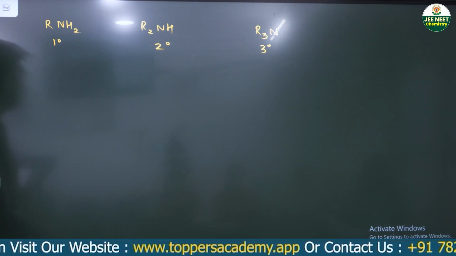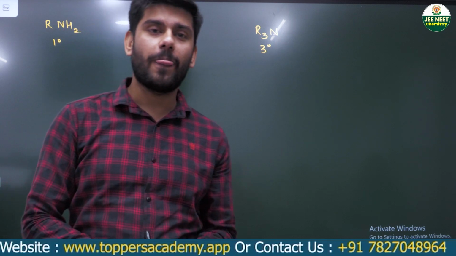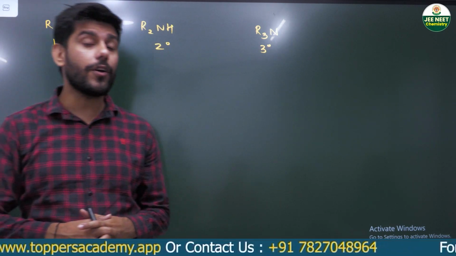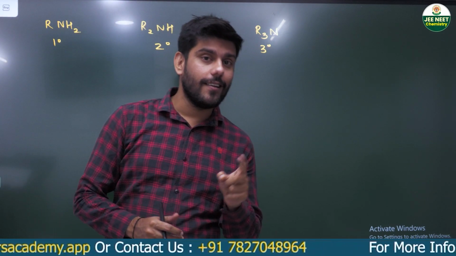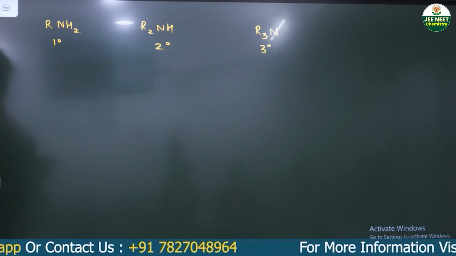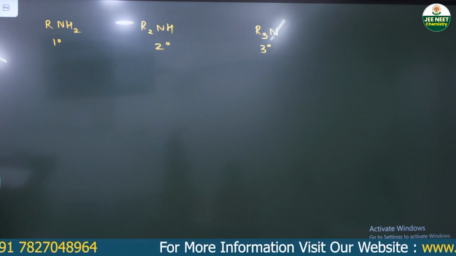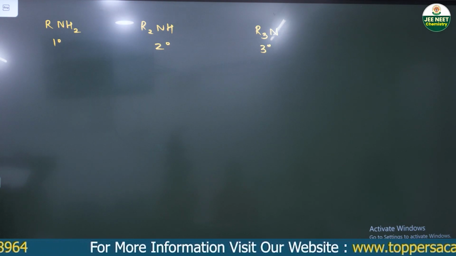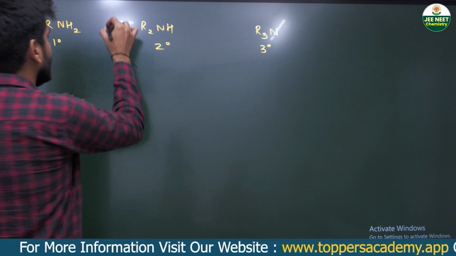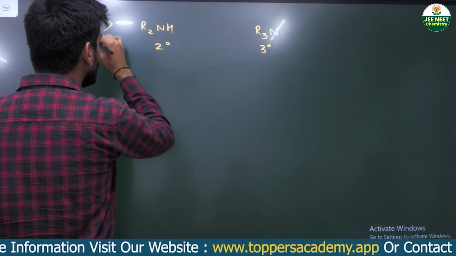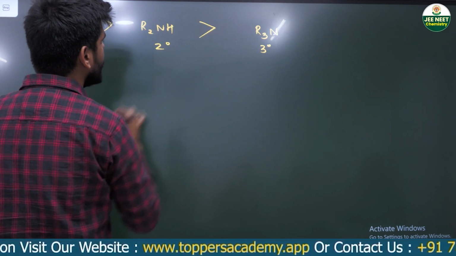Tell me. I'm not talking about the basicity. It is boiling point. Those present online, please tell me. So 1 degree has more boiling point than 2 degree and then 3 degree.